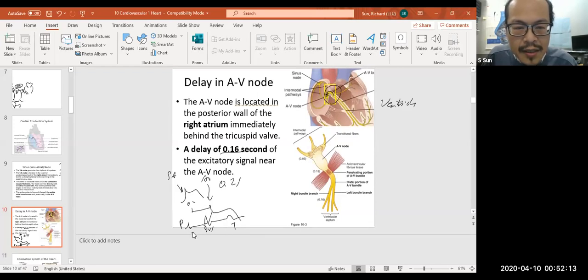This PR interval is about 0.2 seconds. That would be a very important measure in the EKG to see whether this delay is about 0.2 seconds. So there is a delay in the AV node.